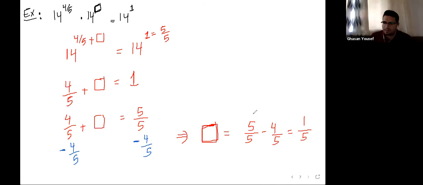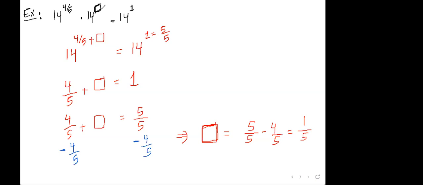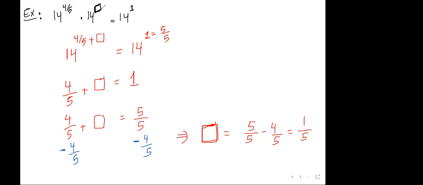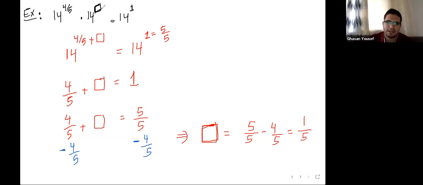What does the box mean? I don't understand how you got 14 to the power of 1. The question is, what value should I put inside this box? 14 to the power 4 over 5 times 14 to the power box equals 14 to the power 1. Maybe you can make it a little easier: think of it as finding x, 14 to the x power.